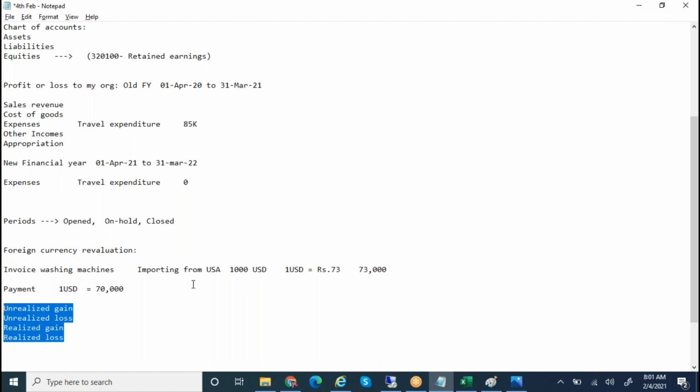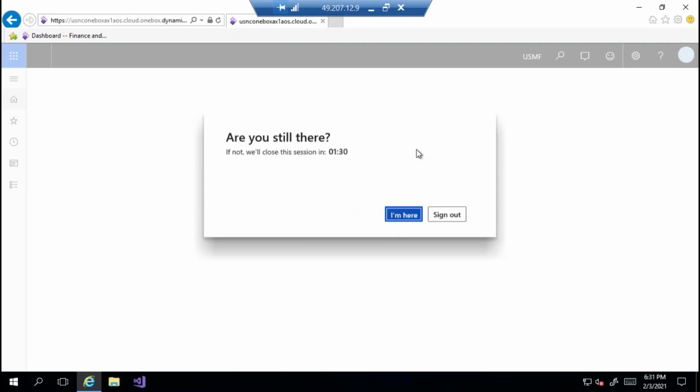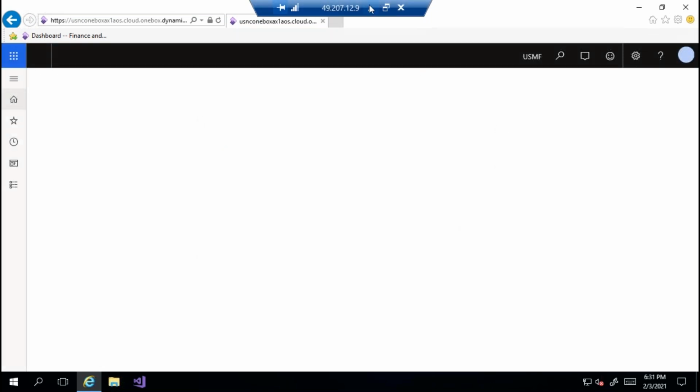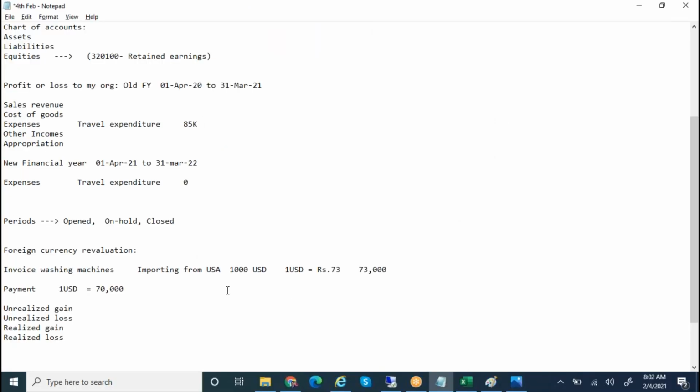In detail I will discuss these 4 terms with you. Once again I will explain in the session and show you in the system, so that you can imagine what I have explained. Today's topic I explained on the notepad, but I have not shown it in the system. Unfortunately the network is not working properly, so I am not able to show you in the system, but we will discuss once again and I will show you. Any more doubts?